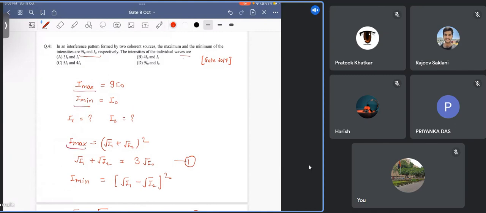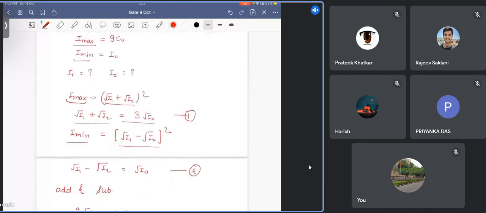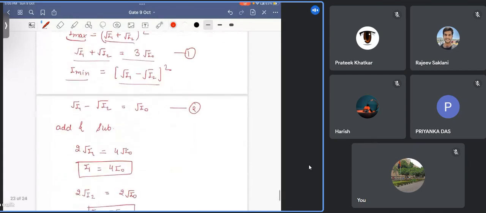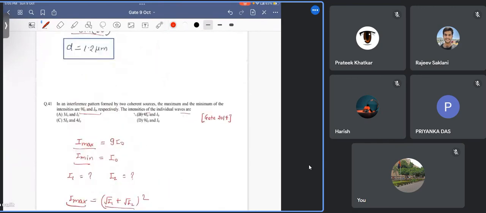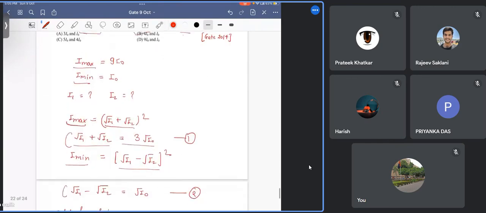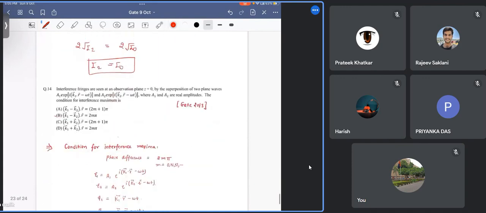We put the expression equal to I max and take the square root on both sides. Similarly, we put it equal to I min and take the square root on both sides. We add and subtract these two equations, and we get I1 and I2 as 4 I naught and I naught. This is a formula based question.